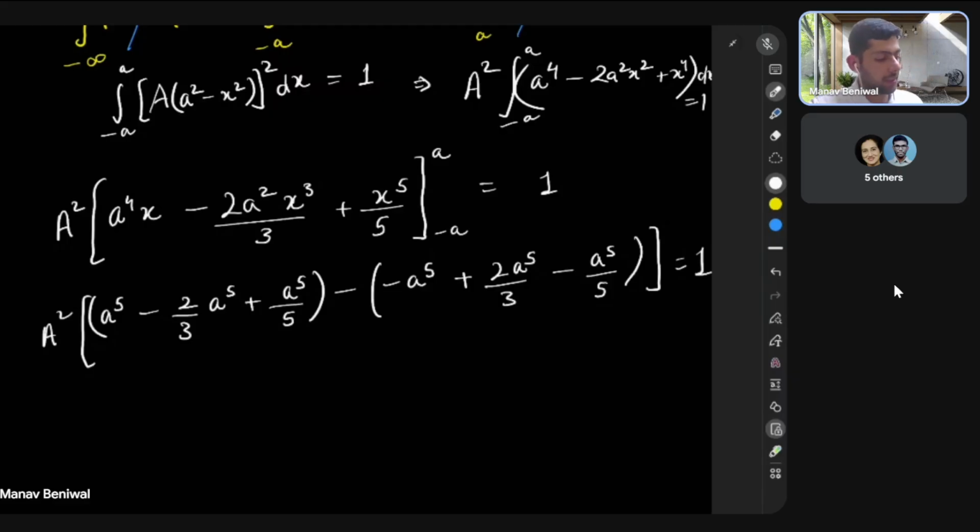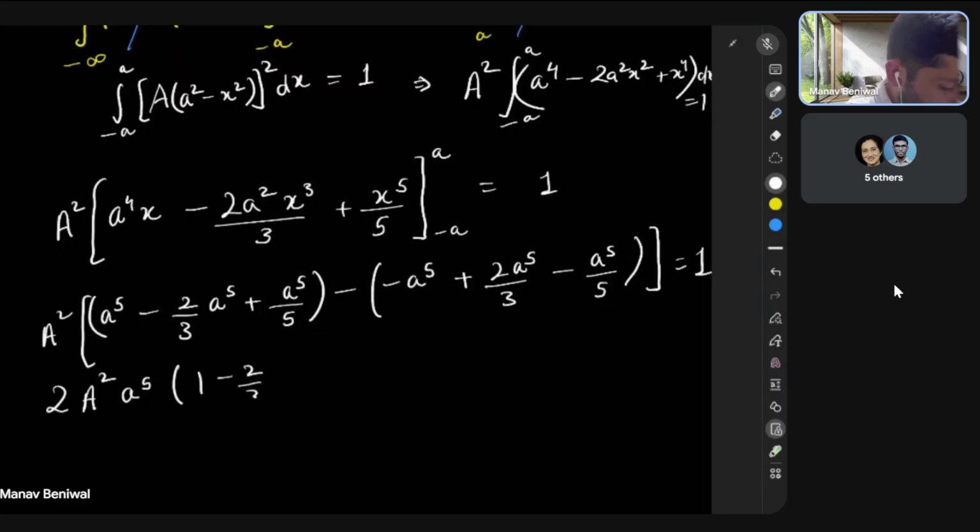Essentially we can take out the minus sign and it is the same thing. So we have A squared, and we can take a to the 5 and a factor of 2 outside, and inside we just have 1 minus 2 by 3 plus 1 by 5.